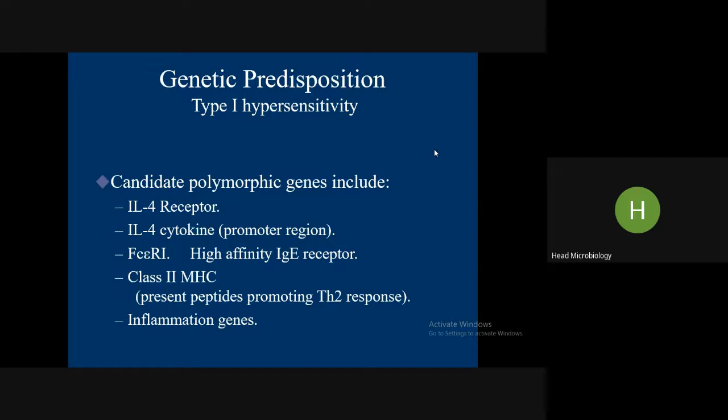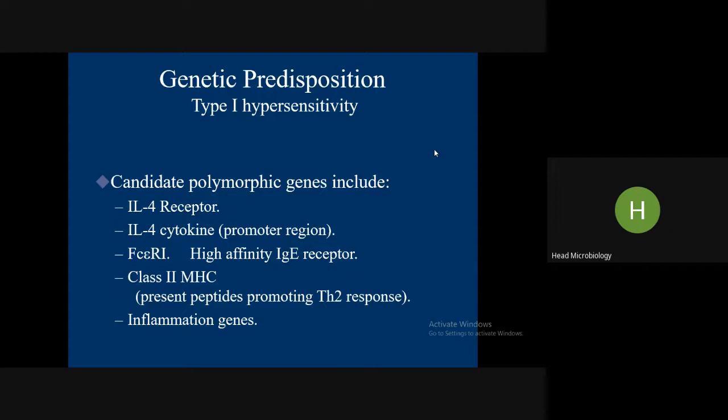The candidate polymorphic genes include interleukin 4, interleukin receptors, cytokines, and Fc receptors, and the class 1 and class 2 MHC complex presents the peptide and promotes the Th2 responses and inflammation.